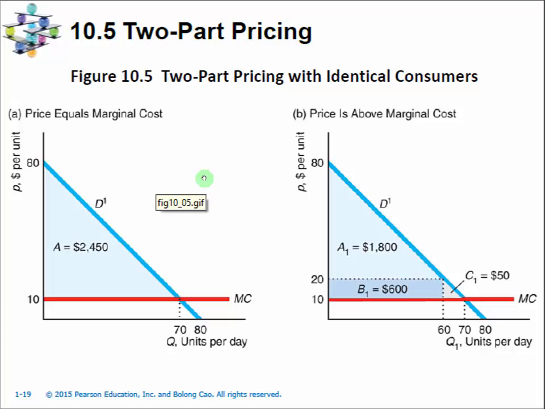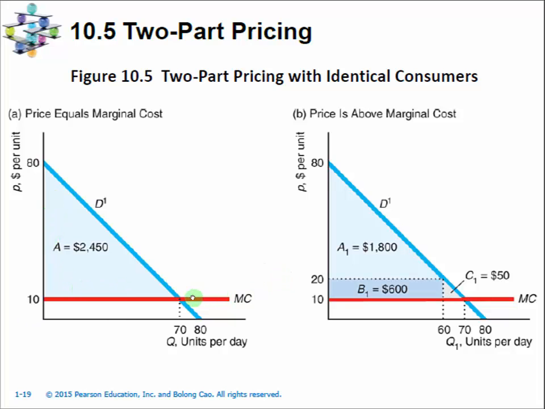In this picture, what we are going to discuss is when you charge the consumer the total consumer surplus, this light blue triangle, as the excess fee and price the product at the marginal cost, that gives the firm with market power the highest possible producer surplus or highest possible profit.